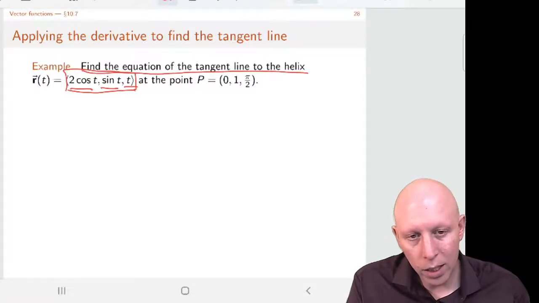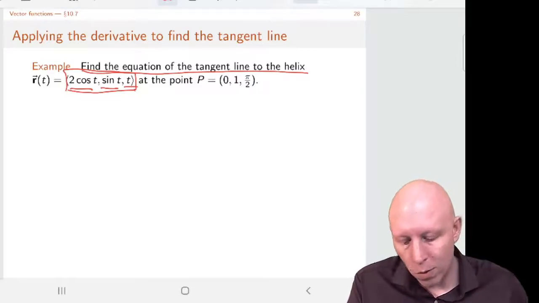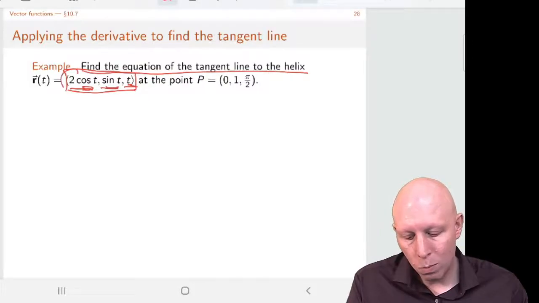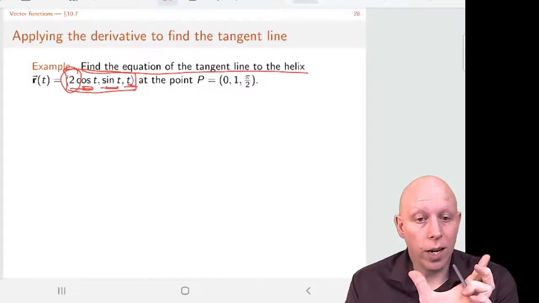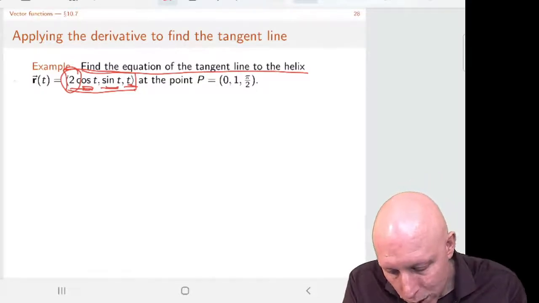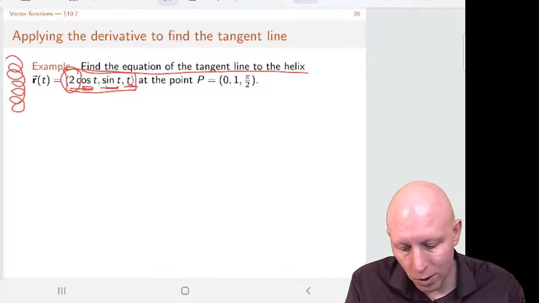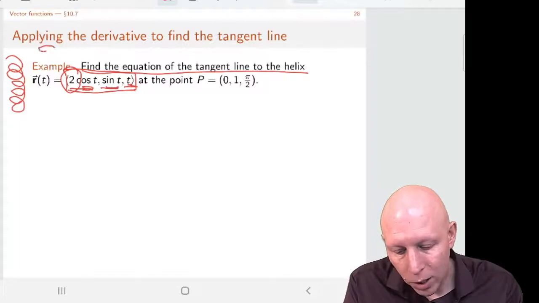Notice that this isn't exactly the helix that we talked about before, where we had cosine of t, sine of t, t. But this multiple of 2 is doing a dilation in the x direction. So instead of a circle going up around and around, we have an oval going up and around and around. The stretch is in the x direction, so maybe I'll draw it this way.